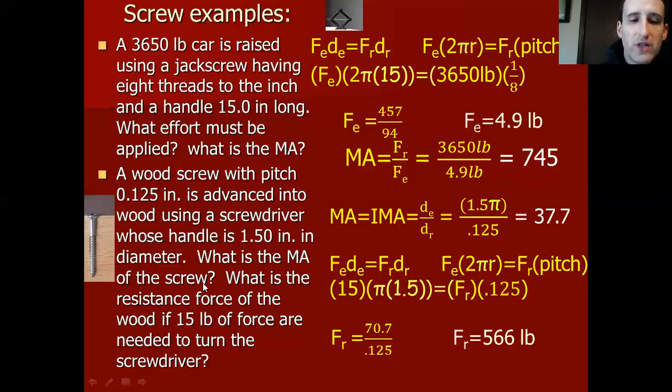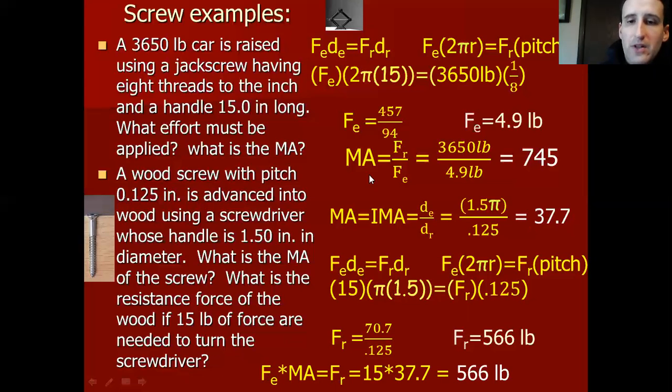So we could have done the second part of this problem in a different, considerably simpler way. Once we'd done the first part, we'd found the mechanical advantage was 37. And then we're told, well, you're going to use 15 pounds of force. What is the resistance force going to be? Well, my 15 pounds is getting multiplied by my mechanical advantage. So effort force times the mechanical advantage equals my resistance force.